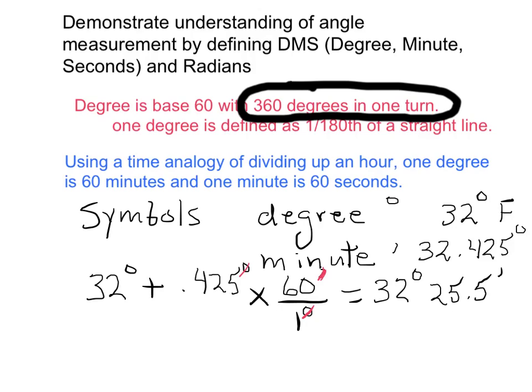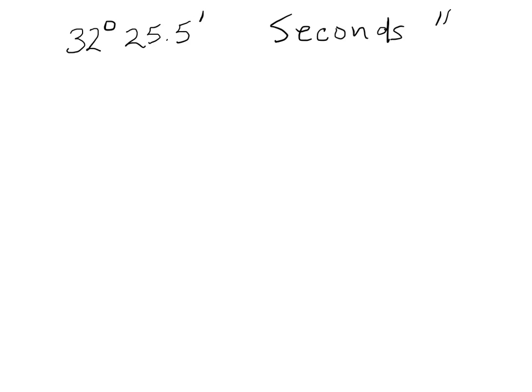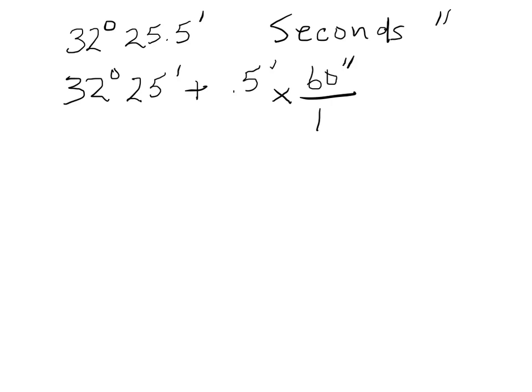Let's go ahead to the next slide. And the next slide says, okay, we've still got our 32 degrees and our 25.5 minutes, but now we're going to go seconds, and the symbol for seconds is a double hash mark, if you will, and so we're looking at 32 degrees and 25 minutes plus 0.5 minutes times 60 seconds in each 1 minute.